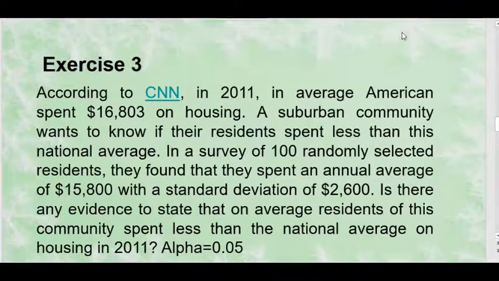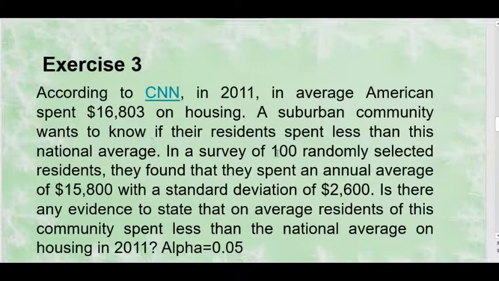Okay, again the keyword is average. It means the hypothesis test is about the average. And another keyword, they want to know if the mean is less than the national average, which is 16,803.